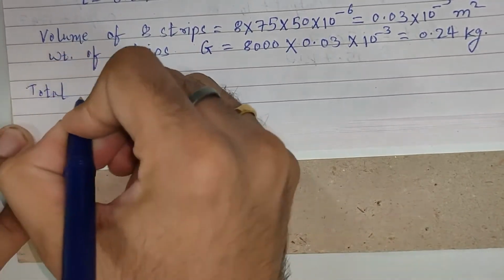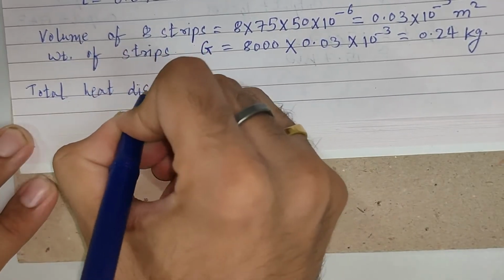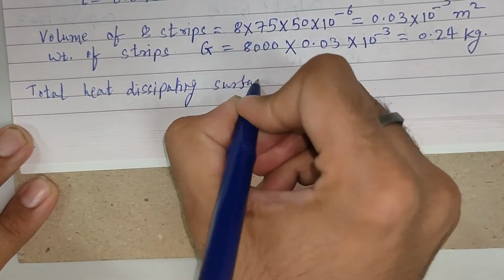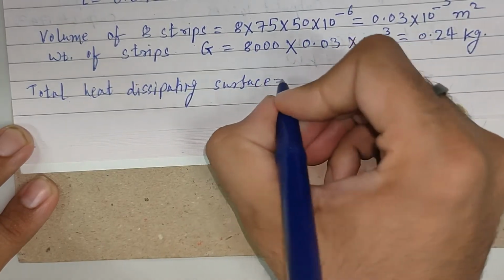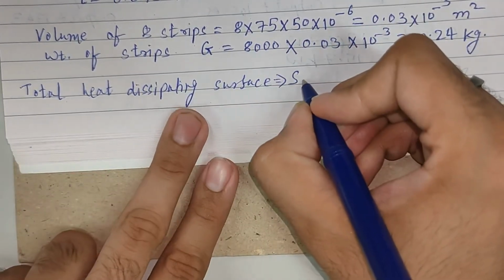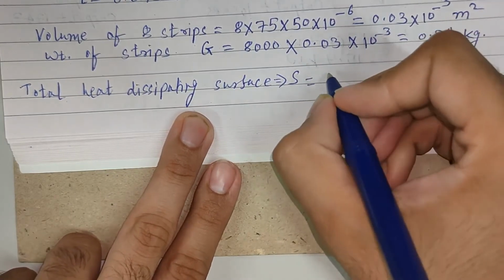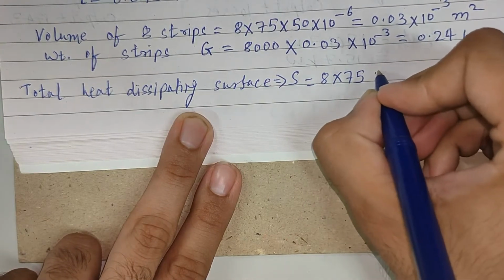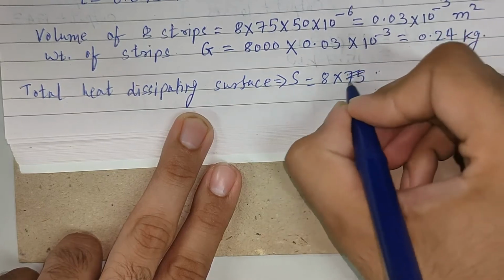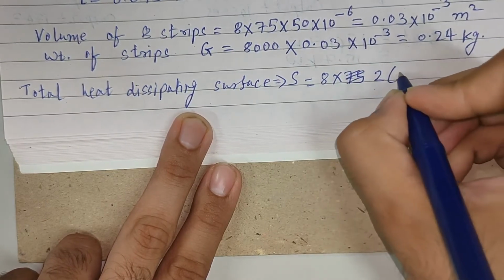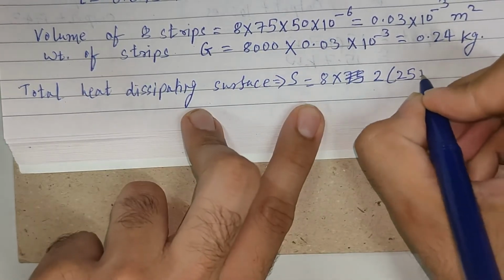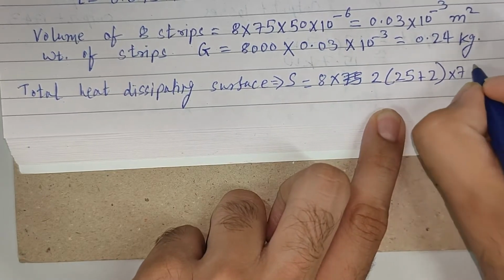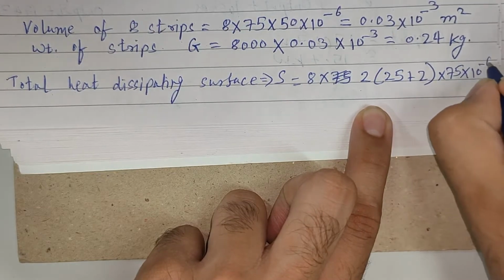Now let us discuss the total heat dissipating surface. So the total heat dissipating surface, which is given by capital S, is equal to 8 multiplied by 75 multiplied with 8 multiplied with the perimeter, that is 2 into 25 plus 2 multiplied with the entire length, that is 75, into 10 raised to minus 6.